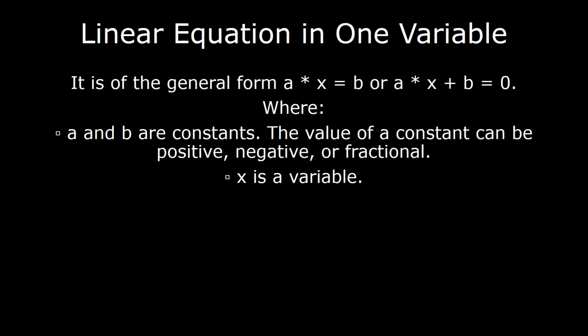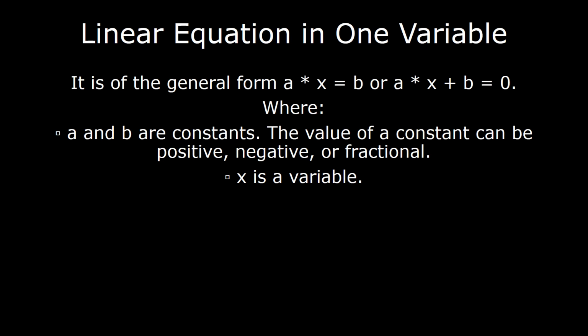The general form of a linear equation in one variable is, and I want you to remember this, a into x plus b equals to 0, or alternatively, a into x equals to b, where a and b are some constants, whereas x is a variable.